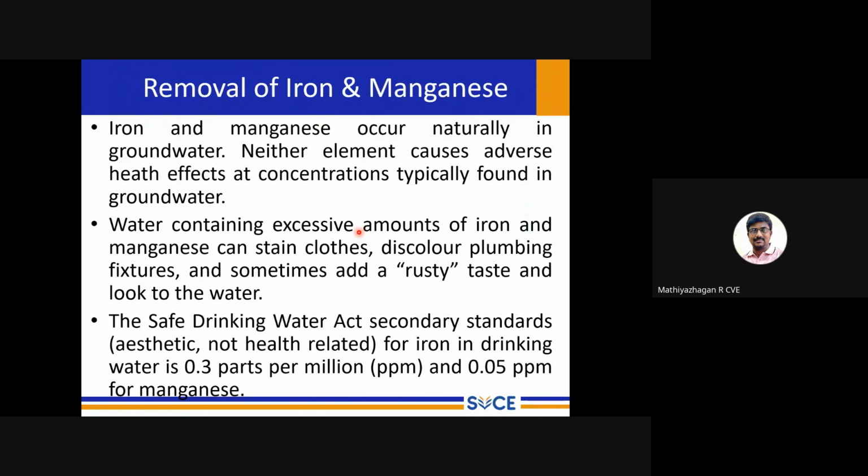During conventional treatment, we do this aeration and filtration. But in regular residential buildings or industries, we are not doing aeration, that is oxidation, or filtration. If the concentration of iron and manganese is very high, we have to go for the oxidation process as well as the filtration process for removal of iron and manganese.